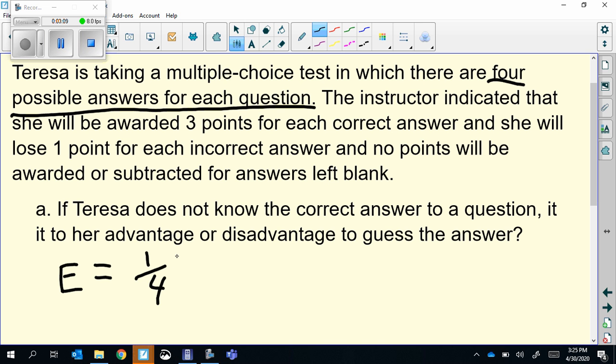The advantage would be 3 points for getting it correct. And then the probability of getting it wrong would be 3 out of 4, and the amount would be a 1 point deduction, so it's going to be -1 for that.